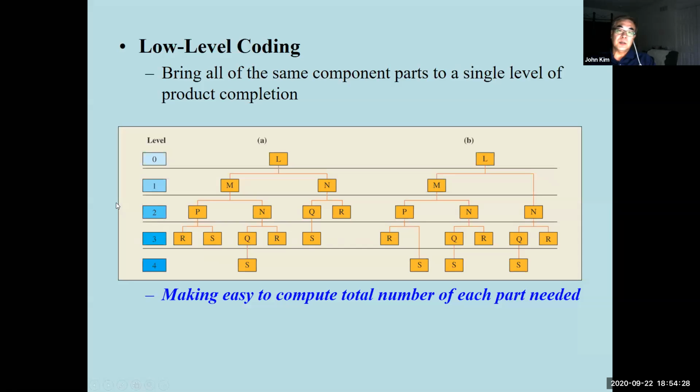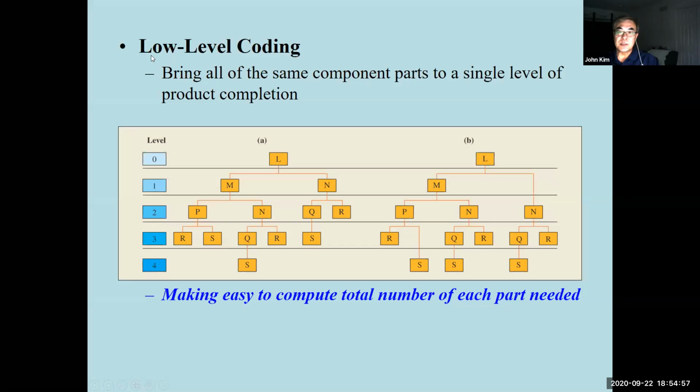To develop the bill of material, we use a low-level coding method, which brings all of the same component parts to a single level of the product. Using this low-level coding, it is easy to compute the total number of each part needed.